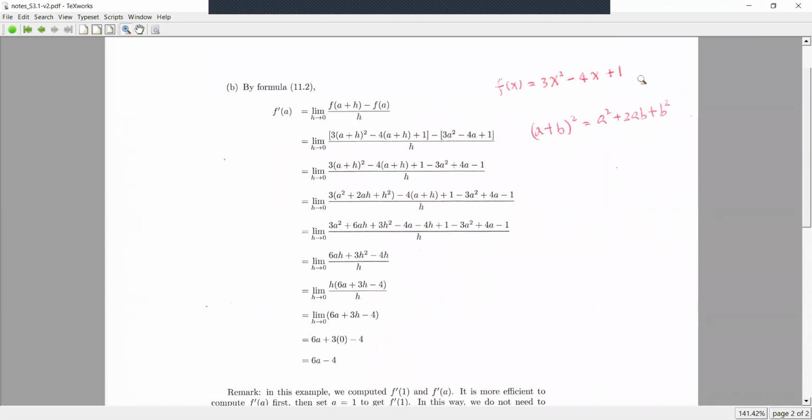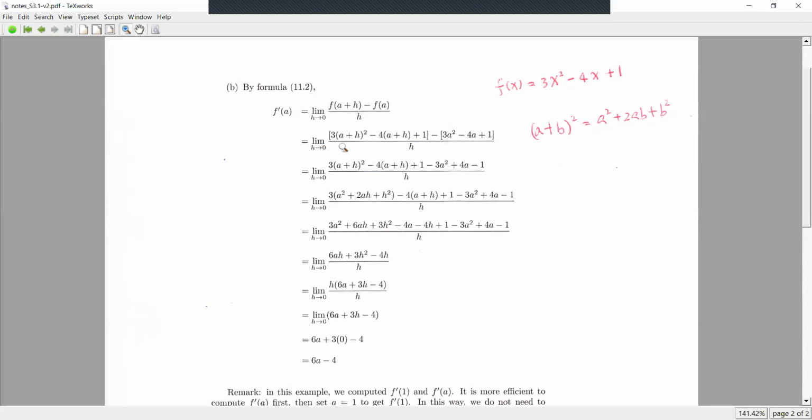The function is here. Replace all the x by a plus h. Then the function at a plus h is this expression. The function value at a. Replace all the x by a. Then the function value at a is this expression.